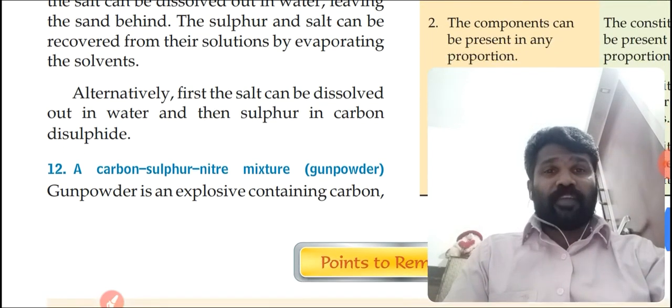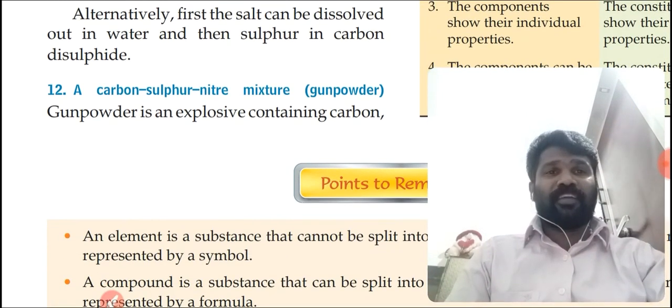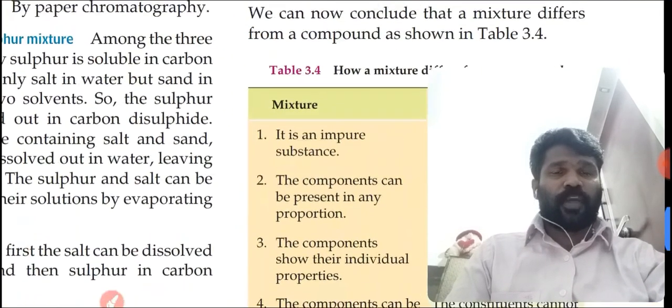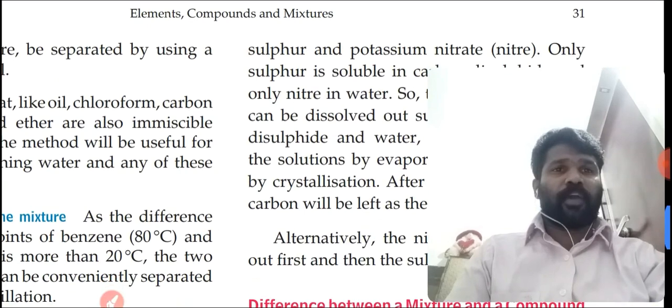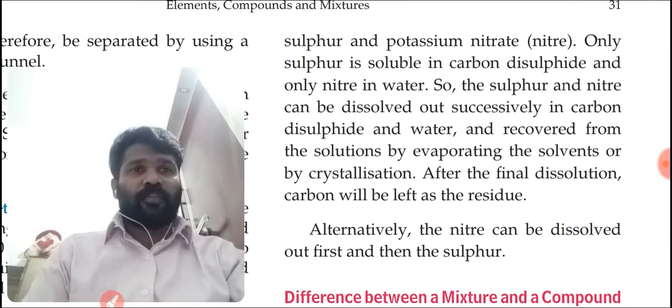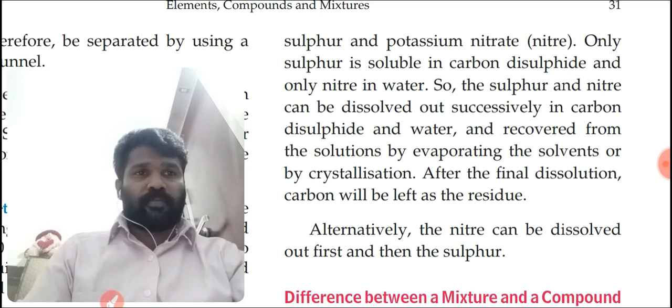Now the 12th example, a carbon, sulfur and nitre mixture, gunpowder. Gunpowder, we know, is an explosive containing carbon, sulfur and potassium nitrate. Only sulfur is soluble in carbon disulfide and only nitre in water.